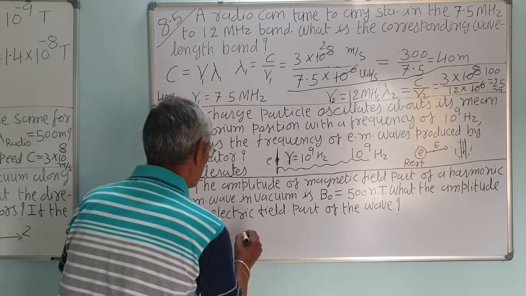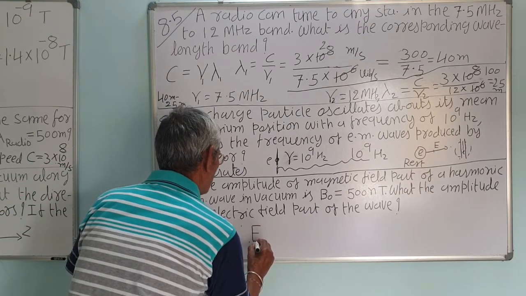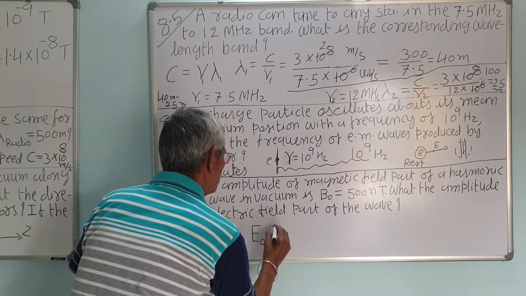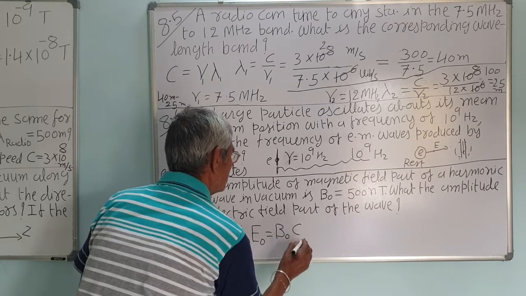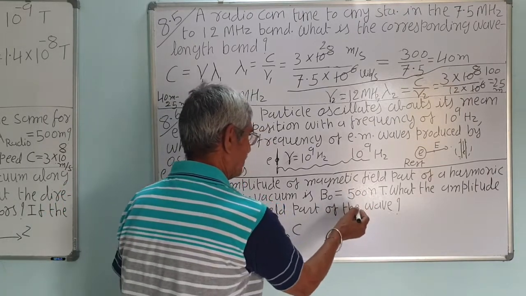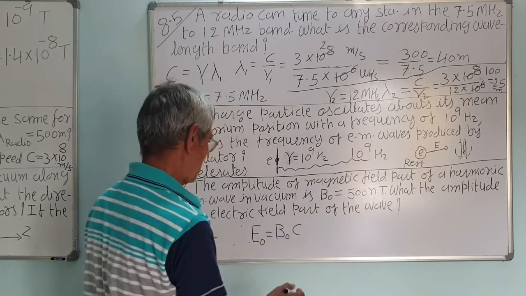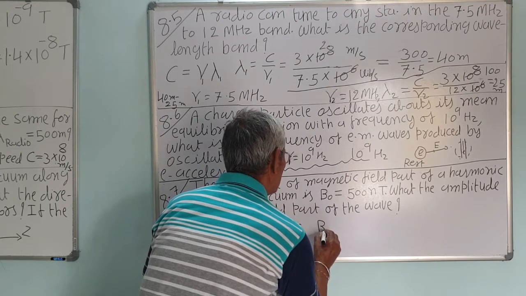So E0 is equal to B0 times c, where c is the velocity of light. Now B0 is given as 500 nanotesla. You have to note it, correct? So I am noting B0.